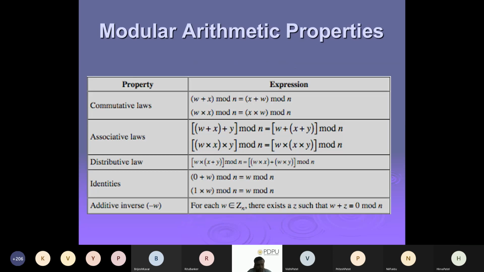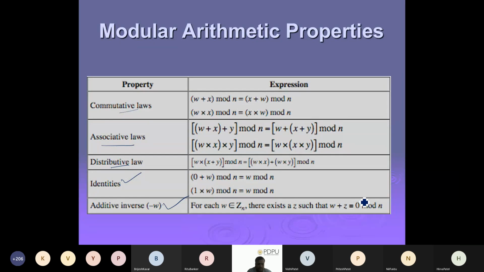Now these are certain laws in terms of modulo. One is the commutative law, the second one is associative, then distributive kind of law, and so on. And of course you always have some inverse available, right? Inverse means that if you do the operations with each other, either additions or multiplications, then you will get the identity element.